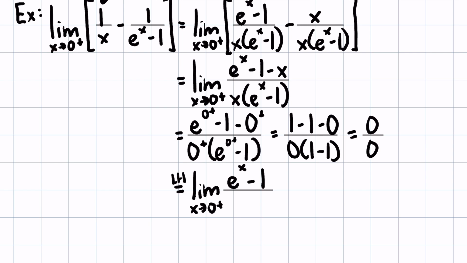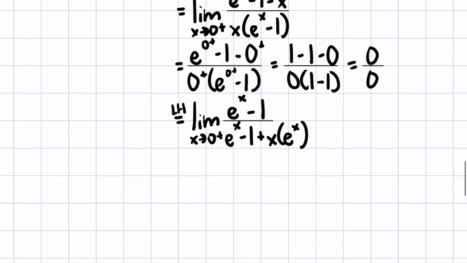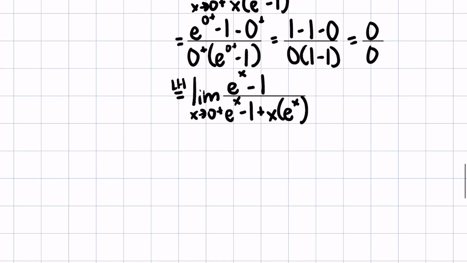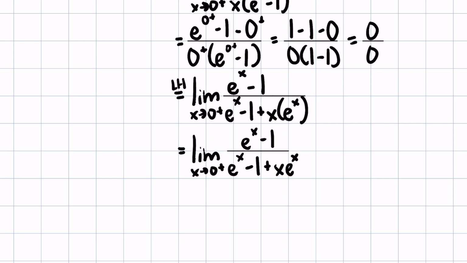So we have e to the x minus 1 plus x times e to the x, and then the negative 1 goes away when we take the derivative. To simplify this, we're going to have e to the x minus 1 over e to the x minus 1 plus x e to the x.